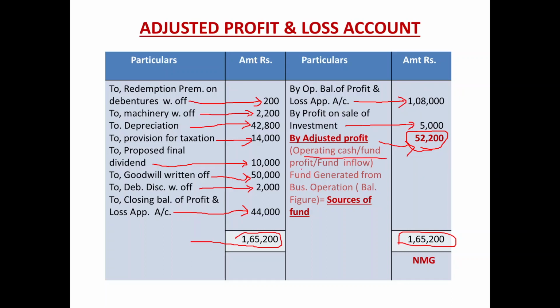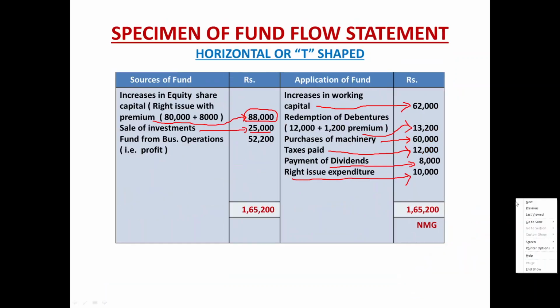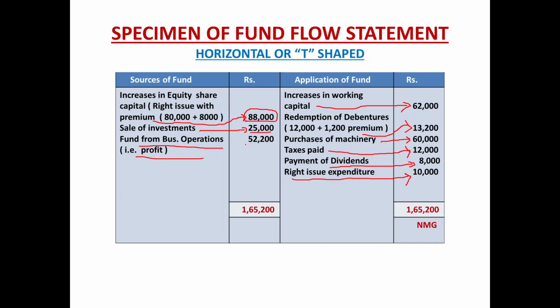So you are getting a balancing figure, which is the adjusted profit, operating cash profit, fund generated from business operation, which would be the source or receipt of fund from the viewpoint of the fund flow statement. So let us report that item in the fund flow statement: rupees 52,200 on the sources side. See, fund from business operation 52,200.